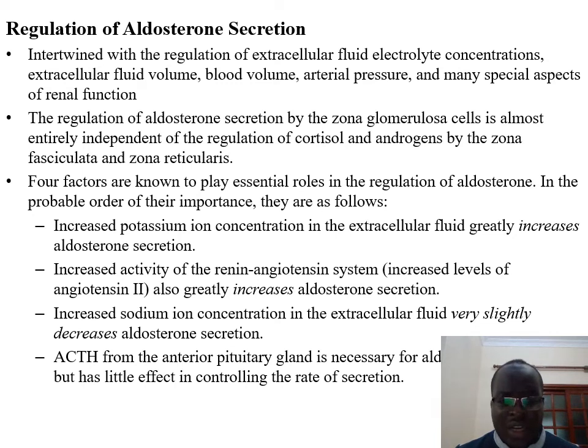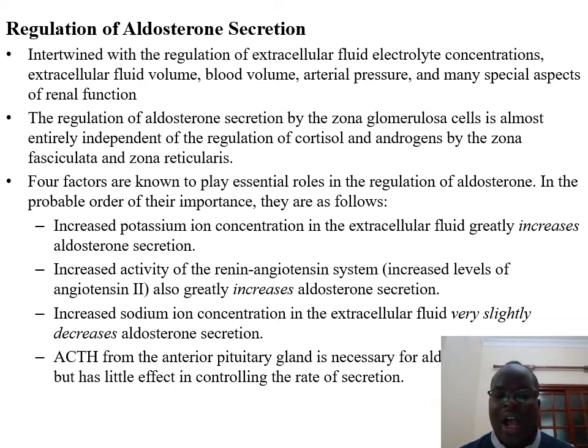Four factors are known to play essential roles in the regulation of aldosterone, in the probable order of their importance. These are the following factors that are involved in the regulation of aldosterone secretion. The first one, the most important one, is that increased potassium ion concentration in the extracellular fluid will greatly increase aldosterone secretion.